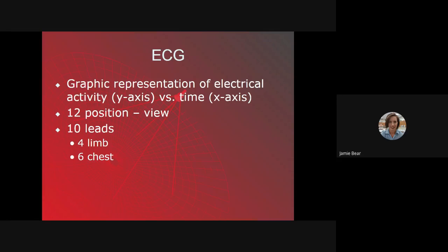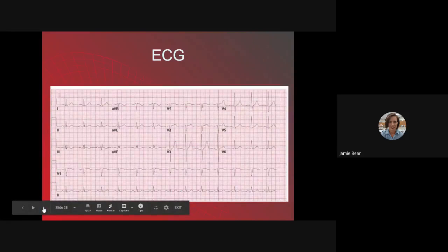If we're getting a full 12 lead EKG, we're looking at 12 views, but there are only 10 leads, or stickers. There are 4, one on each limb, and then 6 chest stickers. A lead is the same thing as a sticker; those are synonymous terms. Here is an example of a full 12 lead EKG.